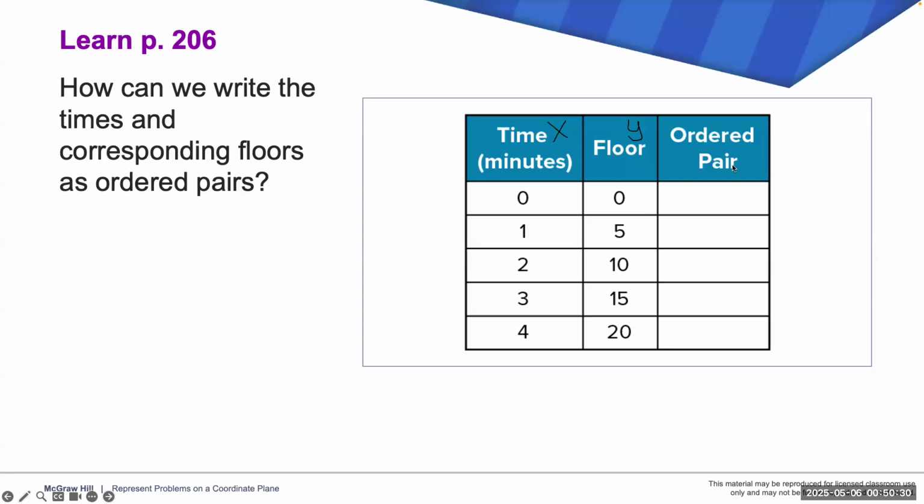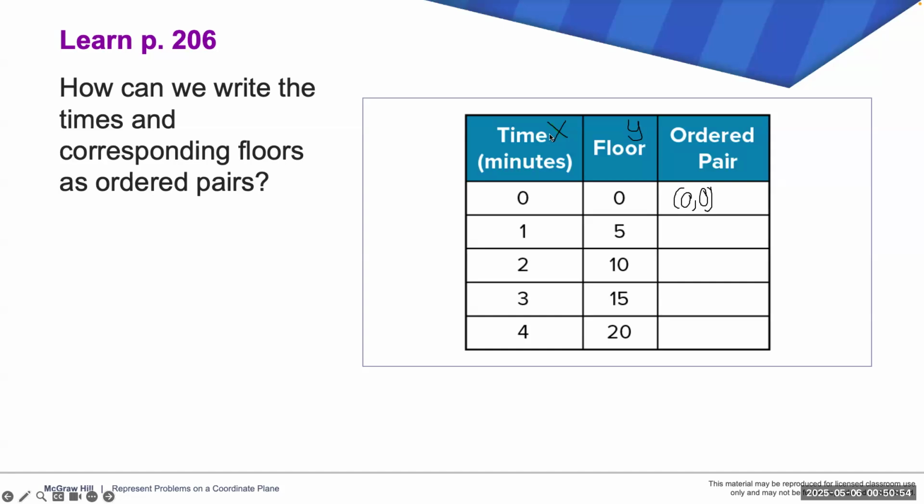So the first ordered pair will be 0 and 0. And that happens to be where on the coordinate plane? Close your eyes and see one in your mind. The origin.